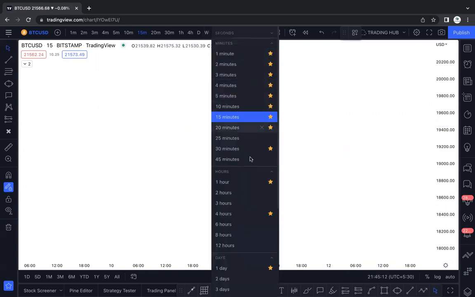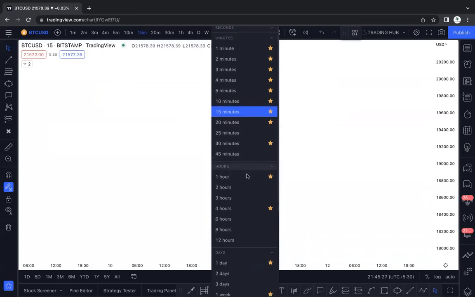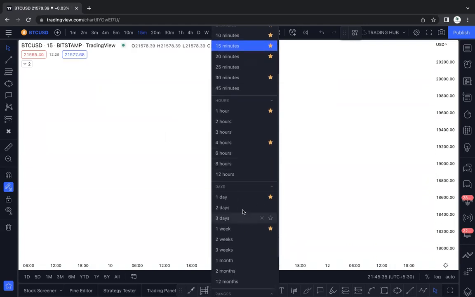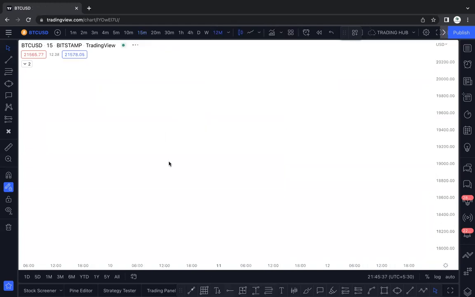If you are a long-term investor, holding Bitcoin for 1 year, 2 years, 3 years, then you have to start from the monthly perspective, because you need to understand where the trend is going and when we can buy. The monthly chart is very necessary if you are holding your trades for at least 1 year.